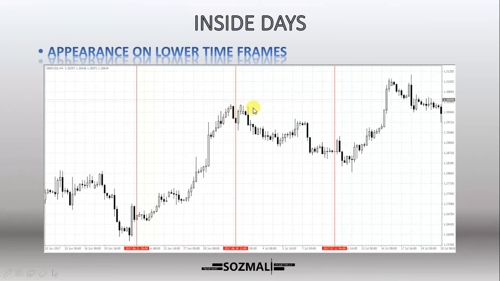But when you move on to this day, you see that the highest points and the lowest points of this day are both within the highest point and the lowest point of the previous day. You can see that.